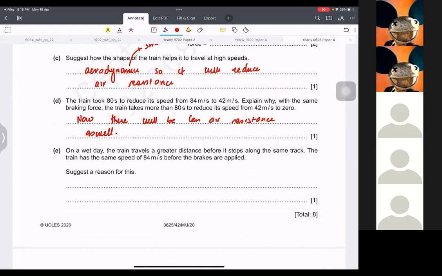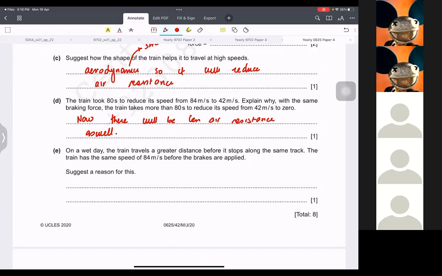Yes. By the C part, we can write the lower center of gravity? No. It has nothing to do with that. Center of gravity is more towards stability, and it's talking about going high speed. Okay.